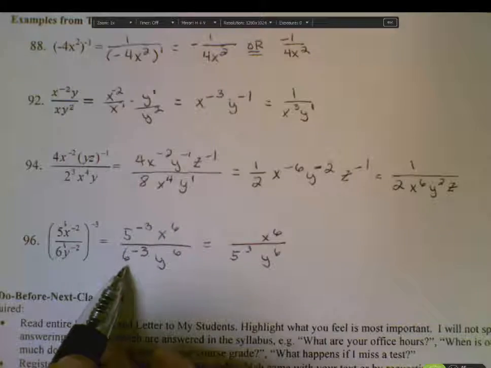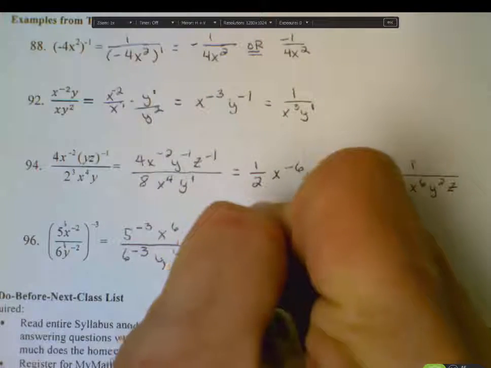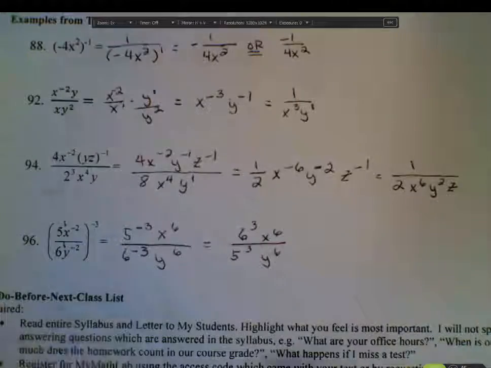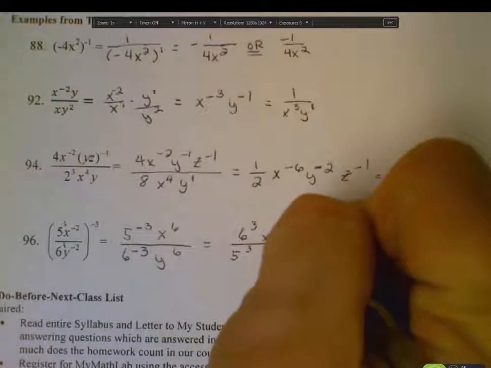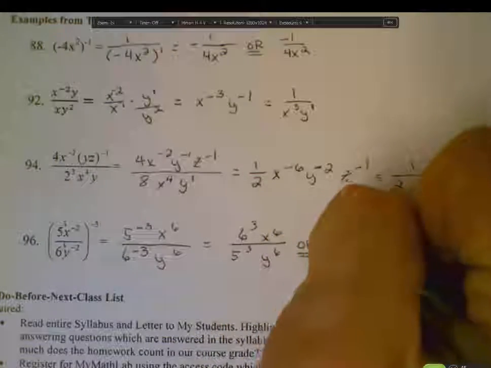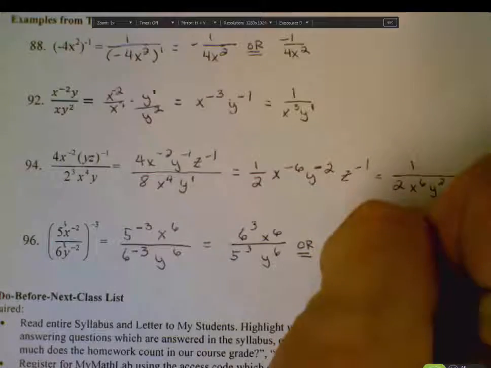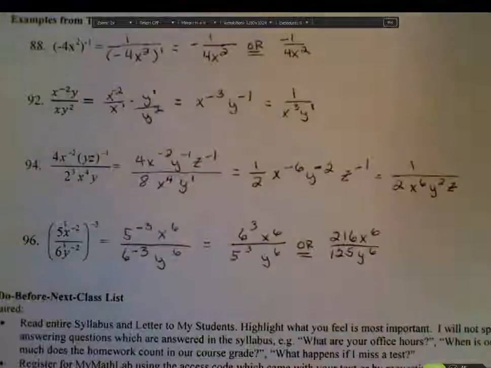When you take the reciprocal of the 6, it's going to the numerator, and then its exponent is positive. That's okay. If you leave that on the test, I would count it absolutely right. But since it's easy to evaluate 6 cube and 5 cube, I'd probably go ahead and do that.